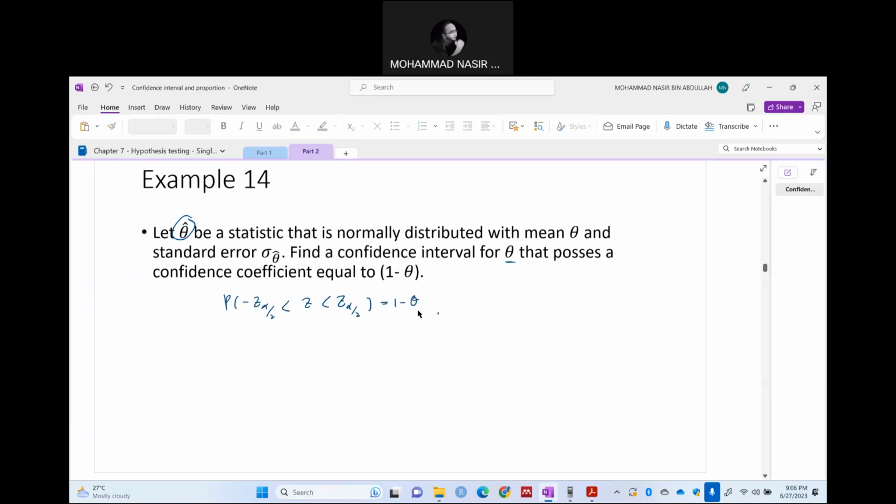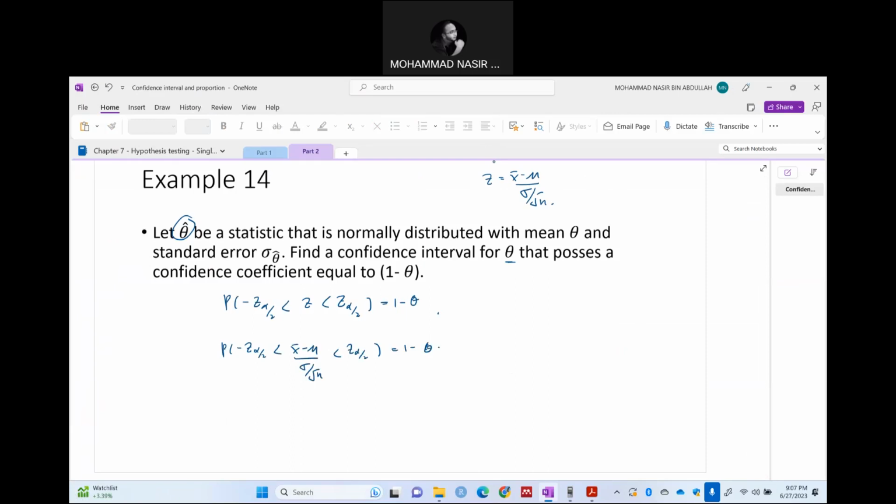Right. So z, we know z is x bar minus mu over sigma over square root of n, right? So we just replace the z value, z alpha divided by 2, x bar minus mu over sigma over square root of n. This is z alpha divided by 2, right?